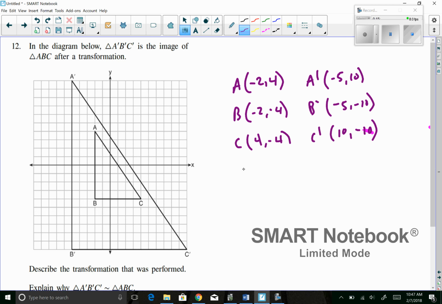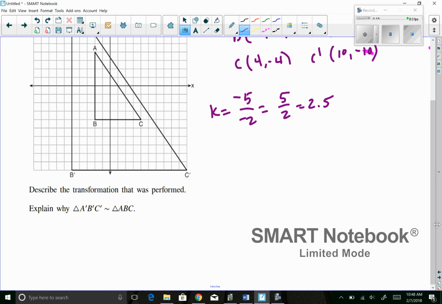So if I take -5 and divide it by -2, I can figure out that the scale factor is 2.5. So when it asks me to describe the transformation, I'm going to say a dilation about the origin of 2.5.